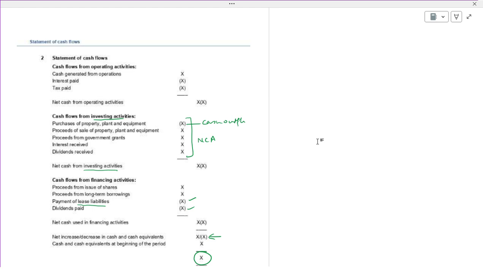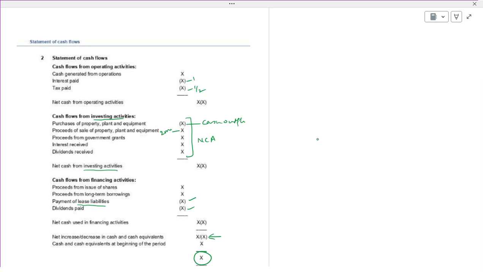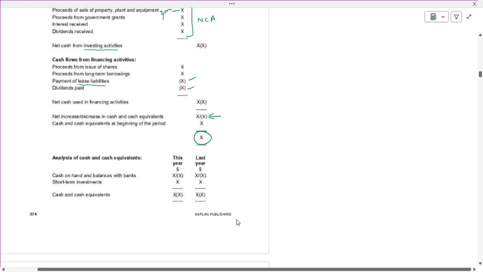For every step they will have marks: this step one mark, this step half a mark, this step two marks. This applies for Section A question 1 and Section C questions 1 and 2. This is where we calculate the cash flow statements. Are you clear about this?